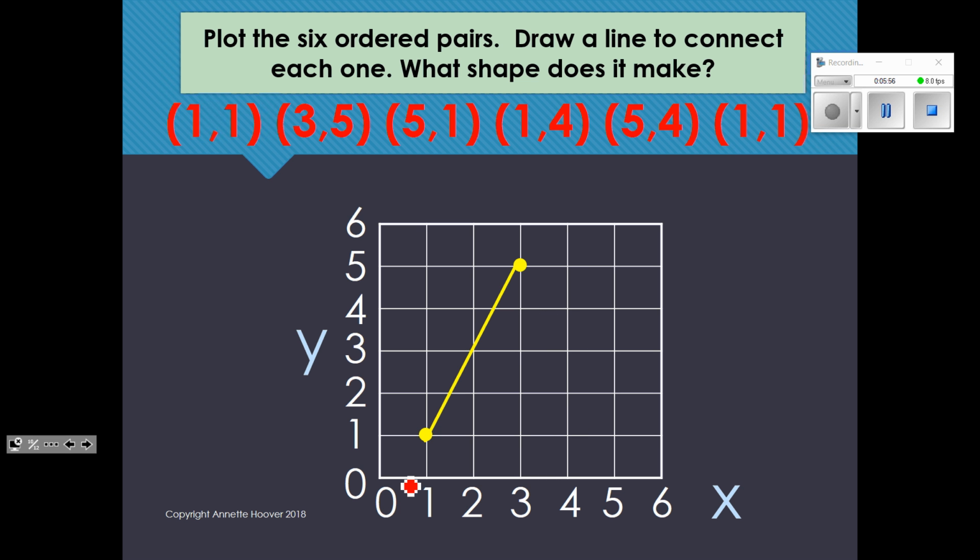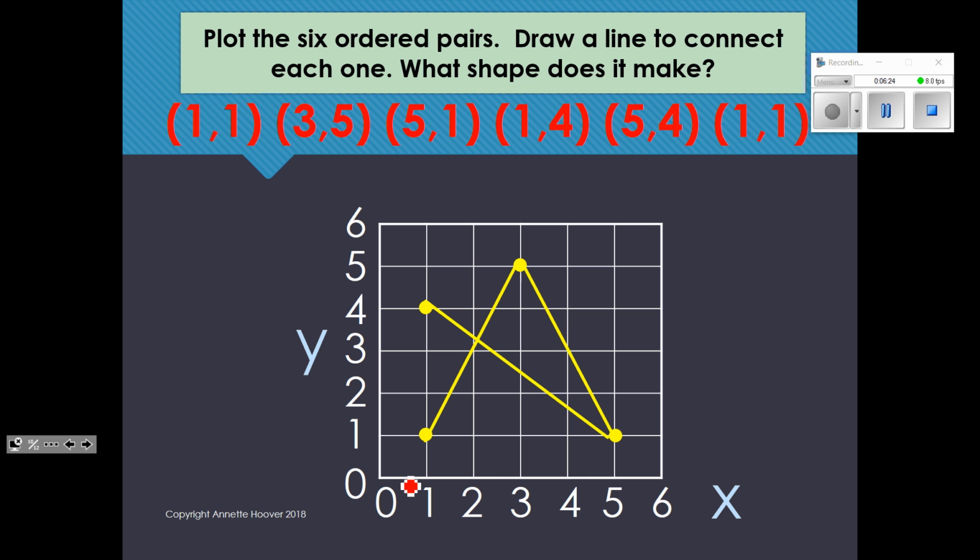Our next one is 5, 1. So we're going to go to the right 5 and up 1, and we're going to put a point there. And we're going to connect it from the last point that we had, which was 3, 5. Our next one is 1, 4. So we go to the right 1, up 4, and we put a point there, and we're going to connect it from the last point. Now we have 5, 4.